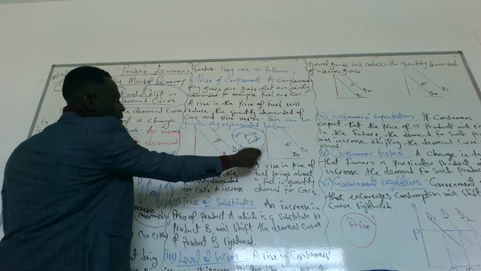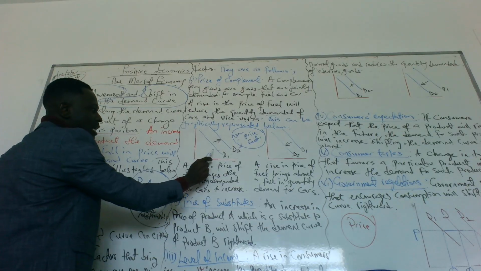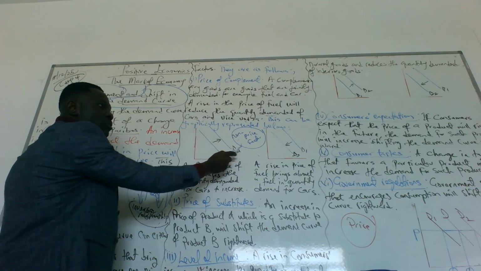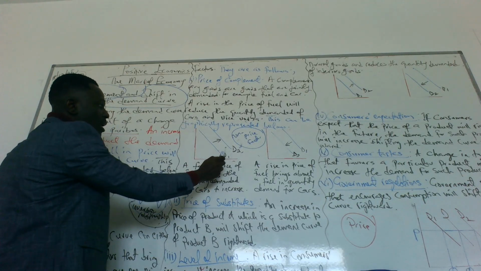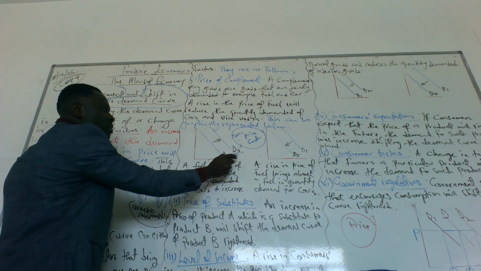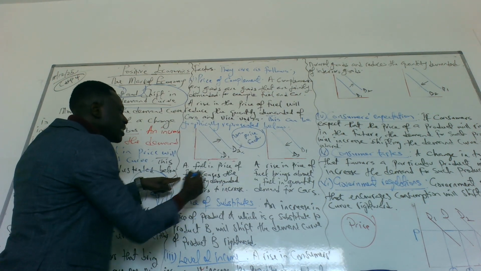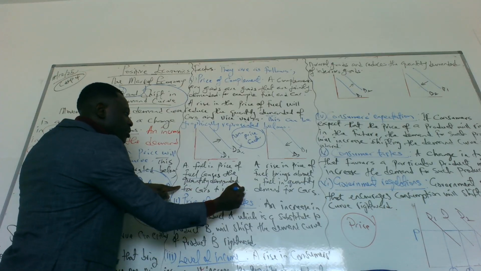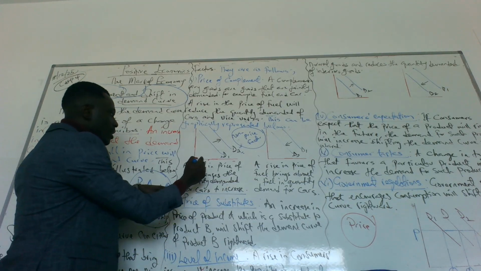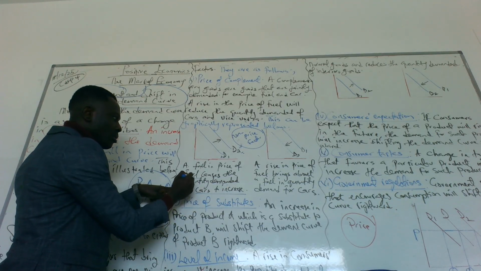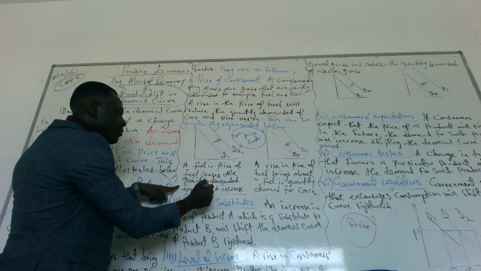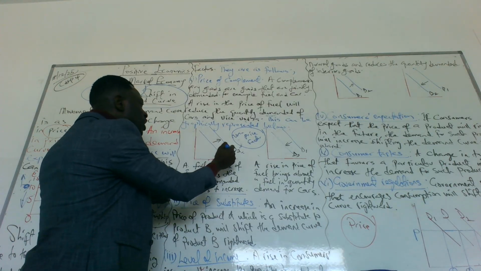This can be graphically represented as this. There's a rightward shift in the demand curve from D1 to D2. Why? Because there's a fall in the price of fuel. It causes the quantity demanded for cars to increase. A fall in the price of fuel has brought about an increase in the quantity demanded of cars, a rightward shift in the demand curve.